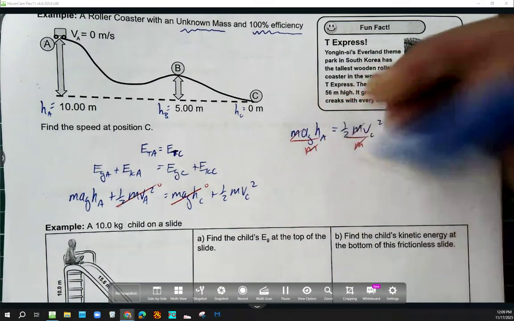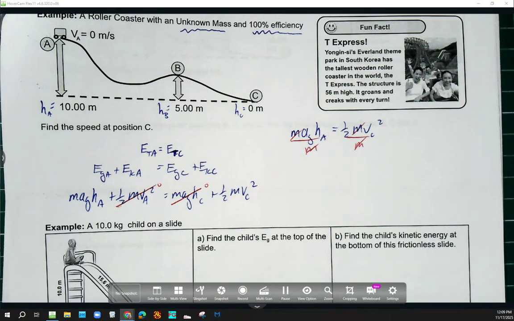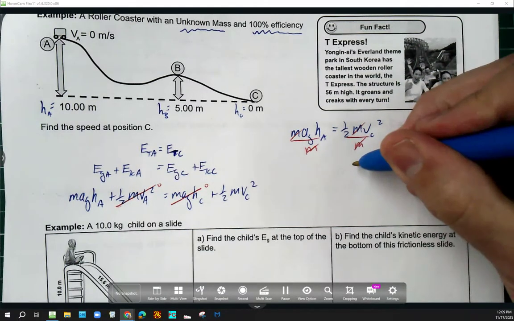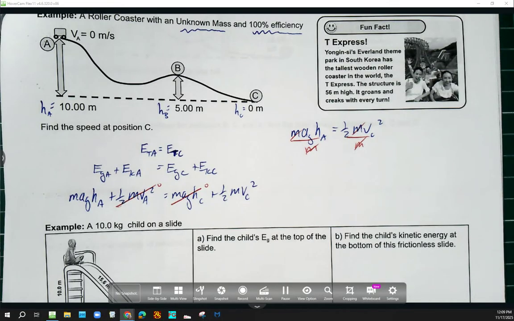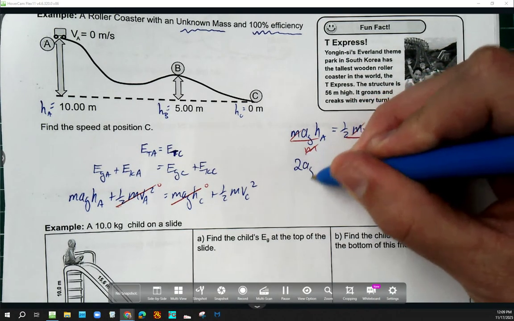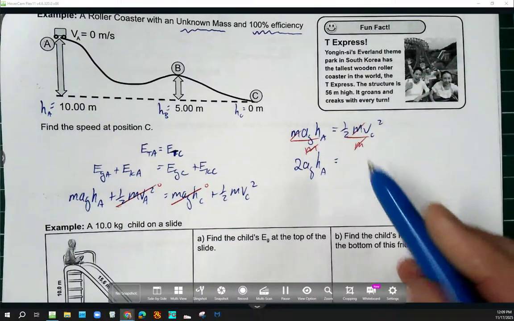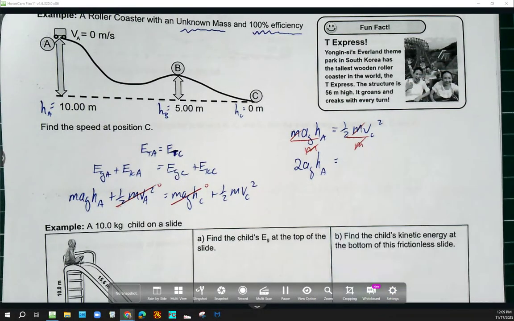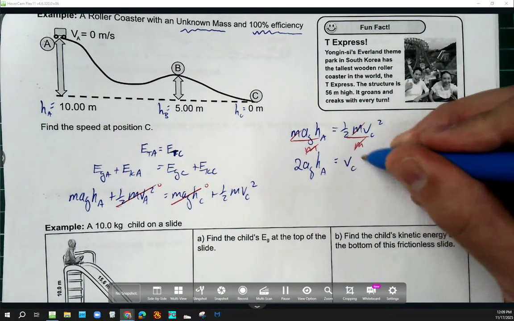I love that. And is it okay with you guys if I also multiply both sides by 2 while I'm at it? Yeah. All right, let's do that. 2 times g hA equals vC squared. The reason I multiplied by 2 is to get rid of that 1/2.